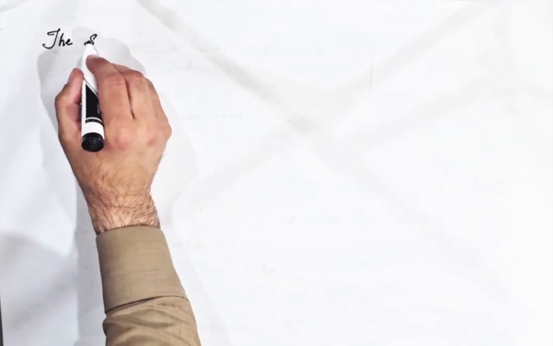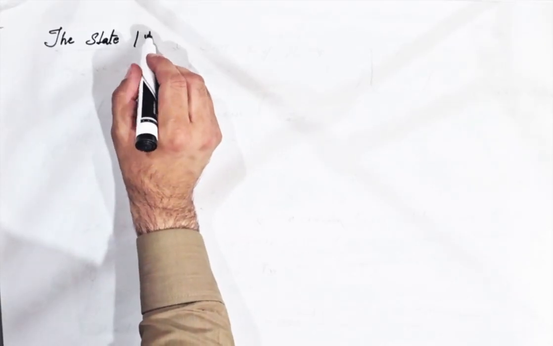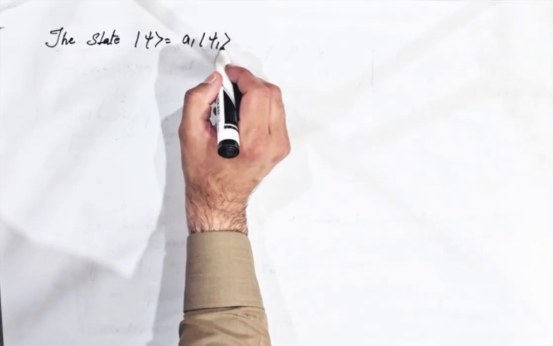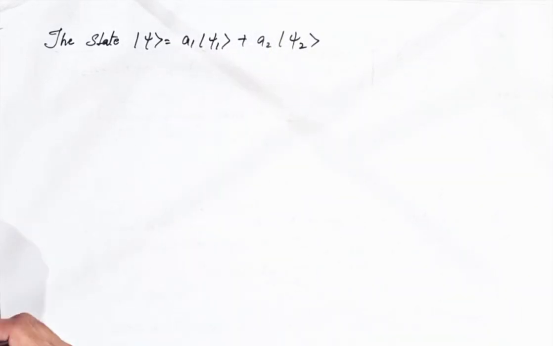The state vector psi is equal to A1 psi 1 plus A2 psi 2.